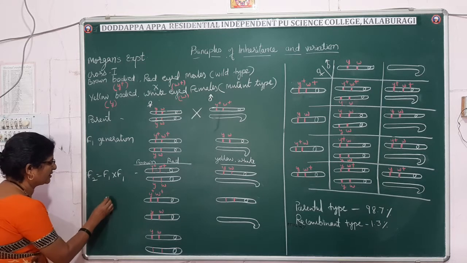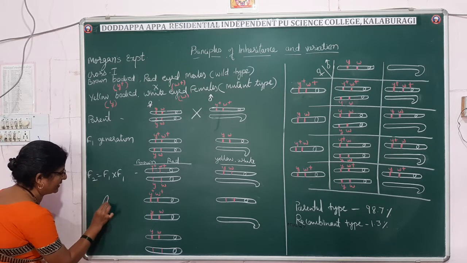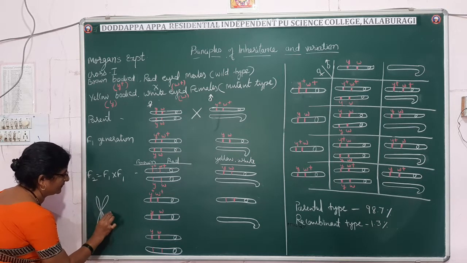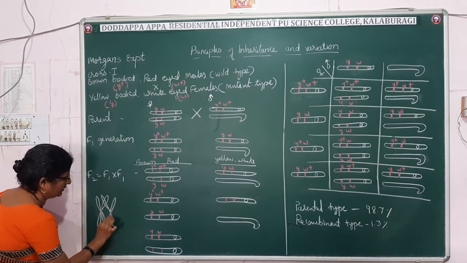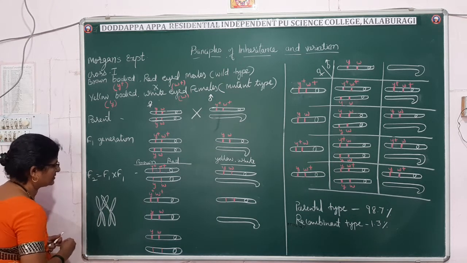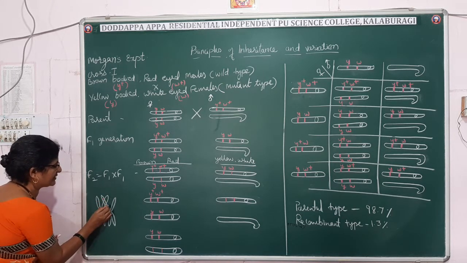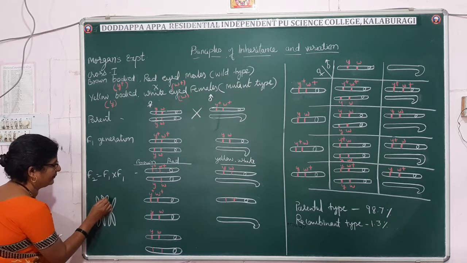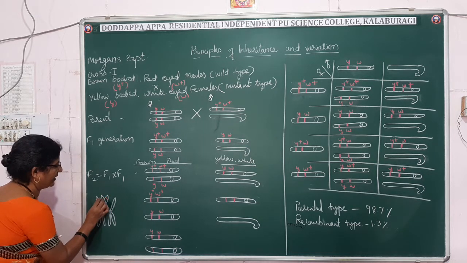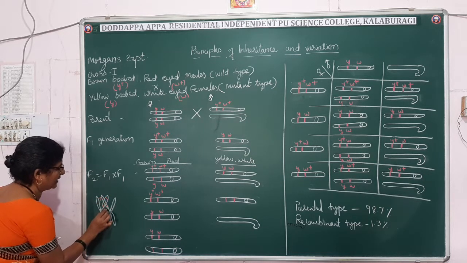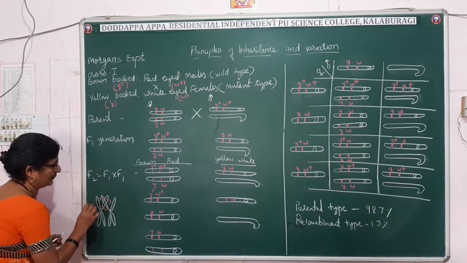During meiosis the recombination of genes will occur, that is crossing over will take place and the genes will get separated, that is Y plus W plus and YW.